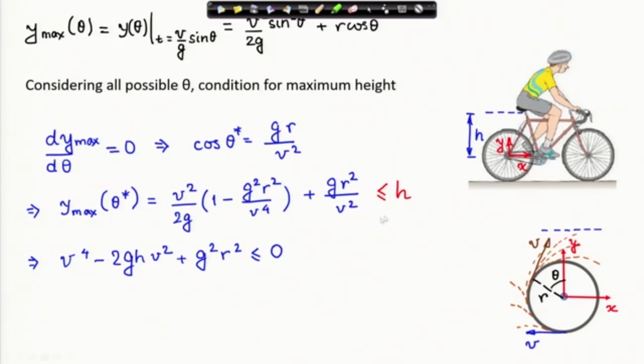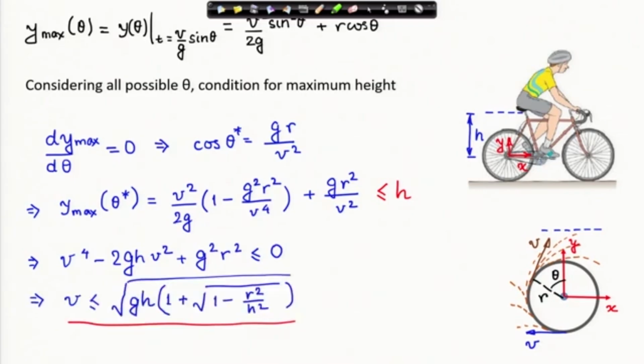and if you simplify, you get a quadratic in v square which should be less than 0, and if you just solve it, you will get v must be less than this expression. It is a complicated expression, but you can calculate for your bike using this.